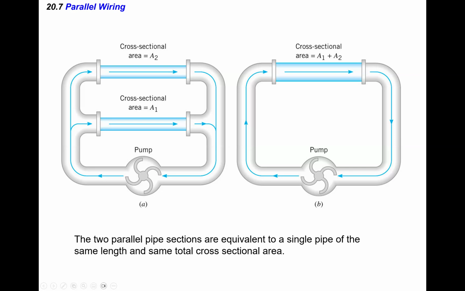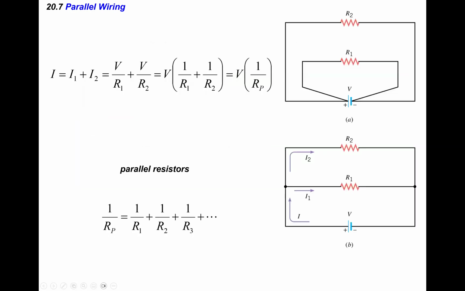So that's why for parallel connection, we have the equation like this. So if you have R1, R2, and maybe keep on going, R3, if you have something like this, what can we do?